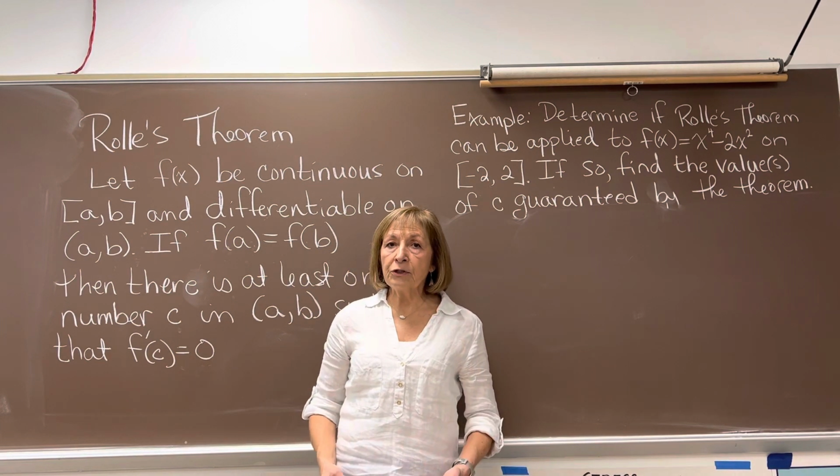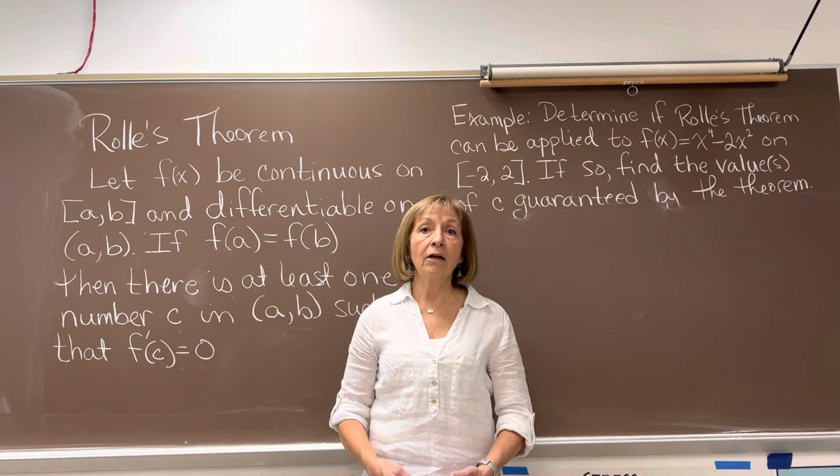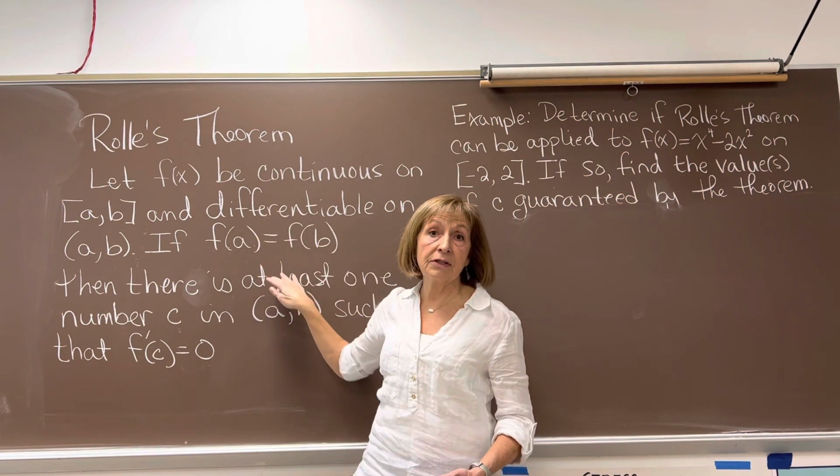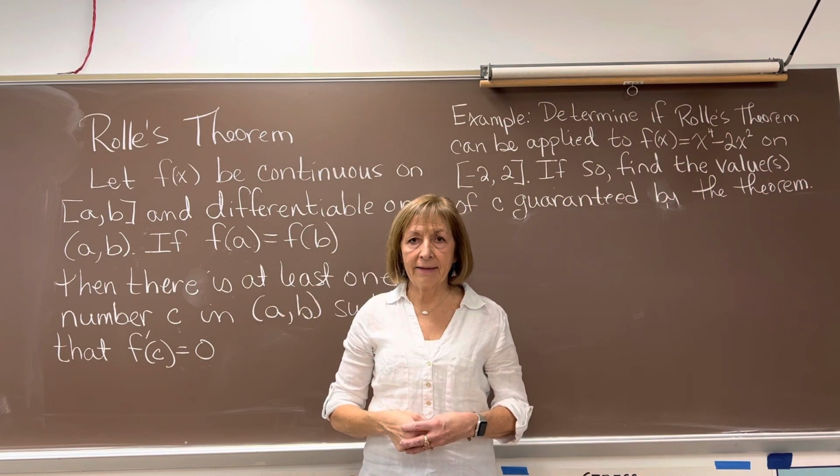So when we're doing work with Rolle's theorem, we always want to make sure that all of the conditions of Rolle's theorem are met, and then go find the values of c guaranteed by the theorem.